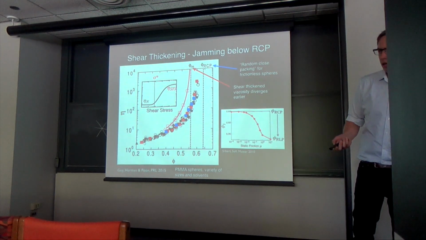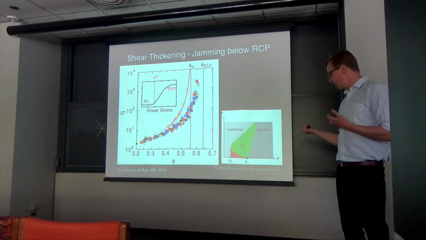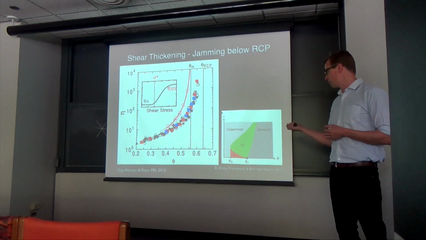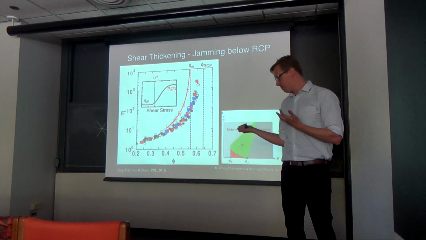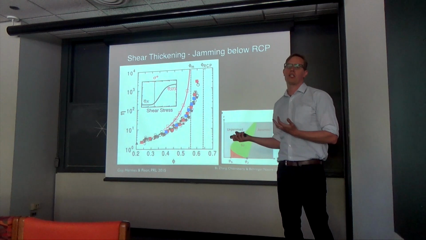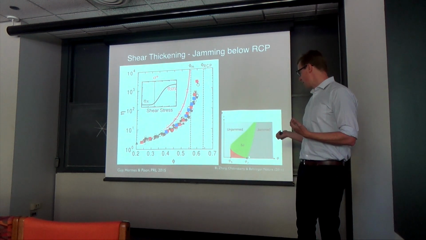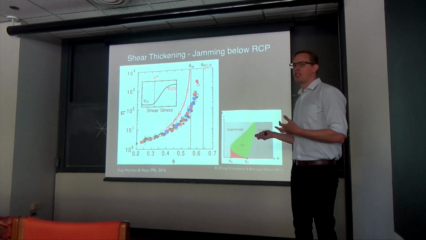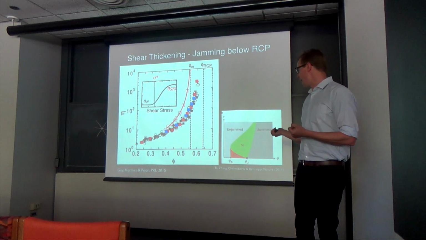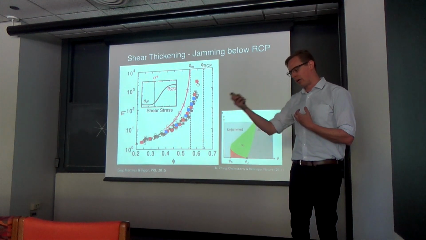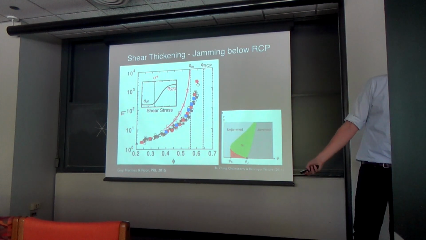Another way to approach this is from a shear jamming perspective, where, if you have a finite friction coefficient between your particles, in addition to your normal jamming point, you can get into shear jammed configurations under shear due to the finite friction between your particles.